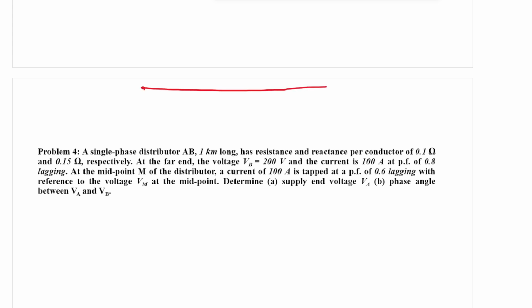Let me mark, this is A, this is B. This is 1 kilometer or 1000 meter long, and has a resistance and reactance per conductor of 0.1 ohm and 0.15 ohm. So Z of this feeder is 0.1 plus j0.15.